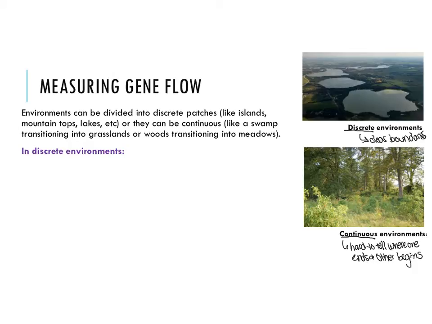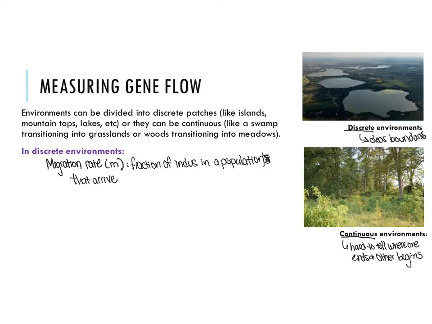Okay, so in discrete environments, the migration rate, which we're going to call M, is just the fraction of individuals in a population that arrive from another population each generation.